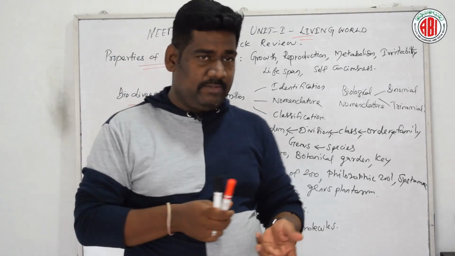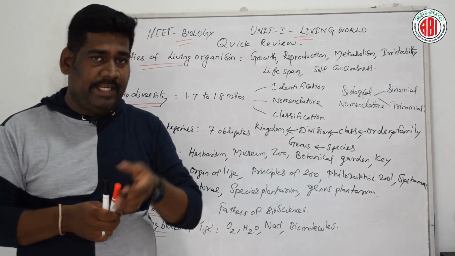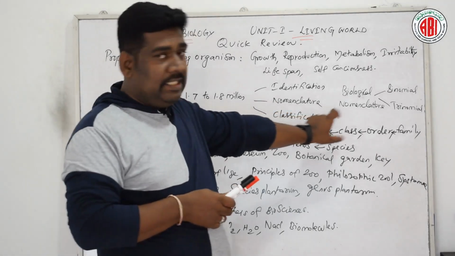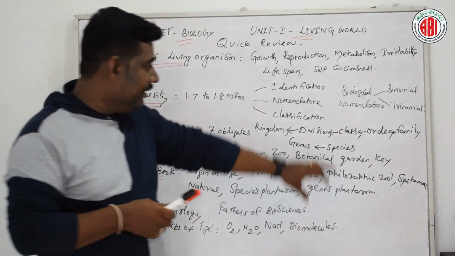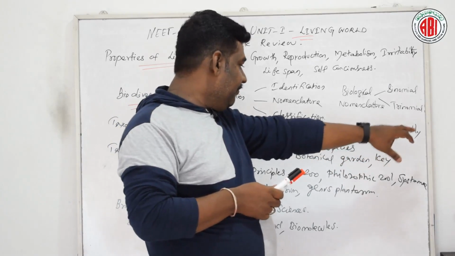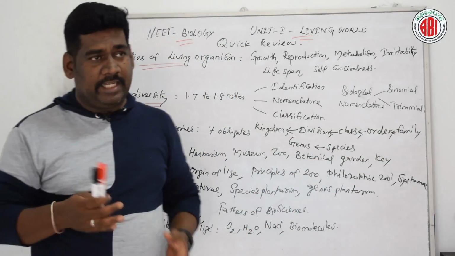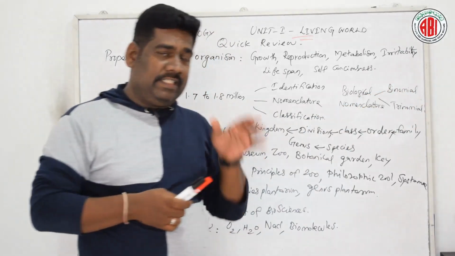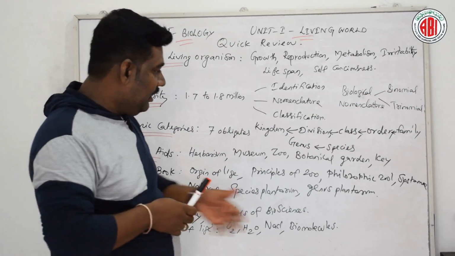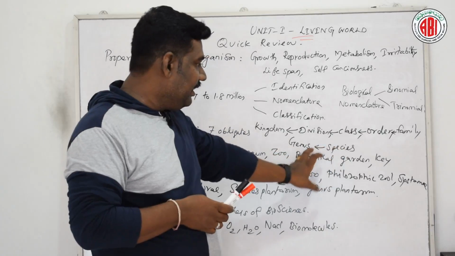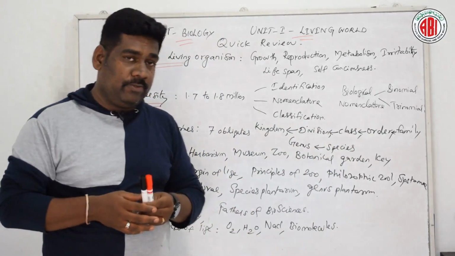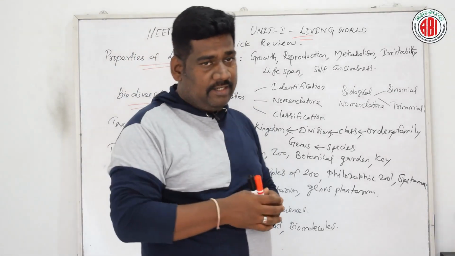There are 7 obligate categories we have discussed: kingdom, division (also said to be phylum), class, order, family, genus and species. These go in a descending order of hierarchy, and from species, genus, family, order, class, division or phylum up to kingdom is said to be the ascending order of hierarchy.